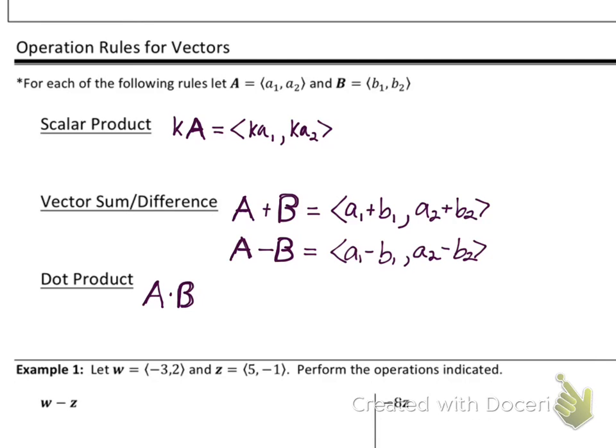The difference here is when I use the dot product, I'm going to come up with one number. It's just going to be one number. And how that's going to work is I'm going to have A sub 1 times B sub 1. And instead of the comma, we're going to put a plus sign. And now we're going to do A sub 2 times B sub 2.